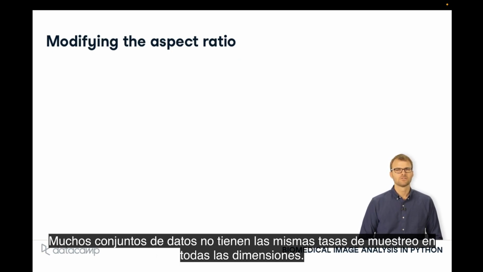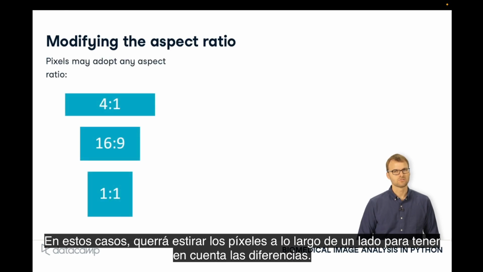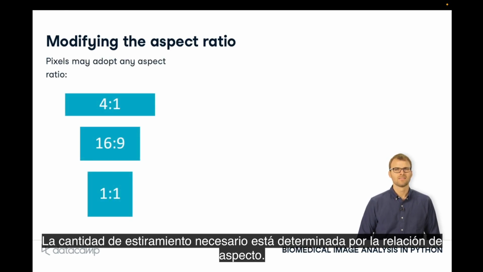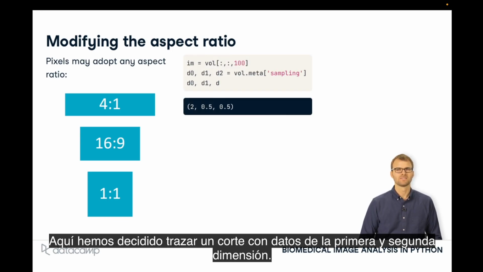Many datasets do not have equal sampling rates across all dimensions. In these cases, you will want to stretch the pixels along one side to account for the differences. The amount of stretching needed is determined by the aspect ratio. Here, we've decided to plot a slice with data from the first and second dimensions.